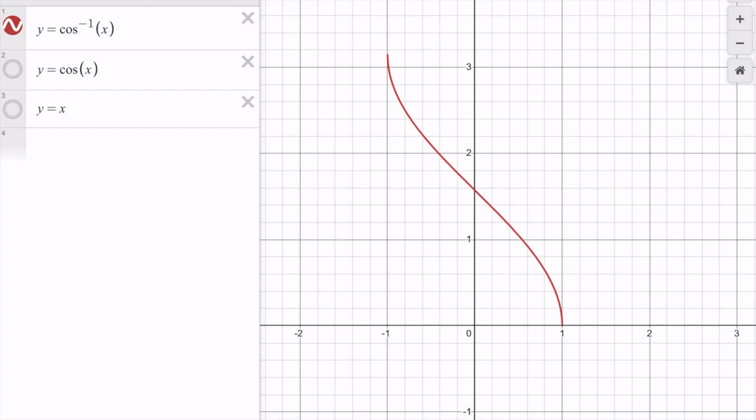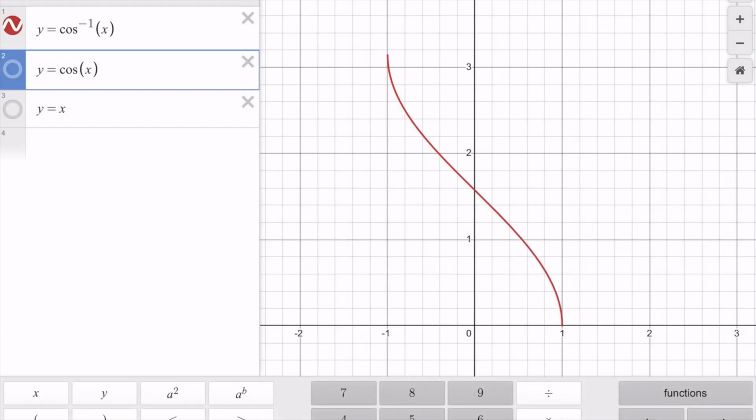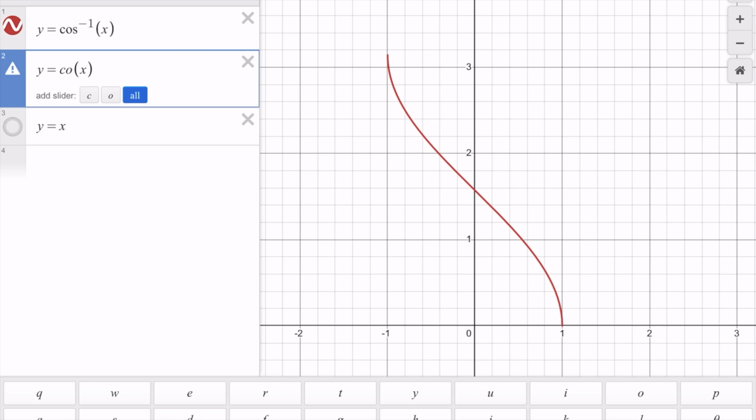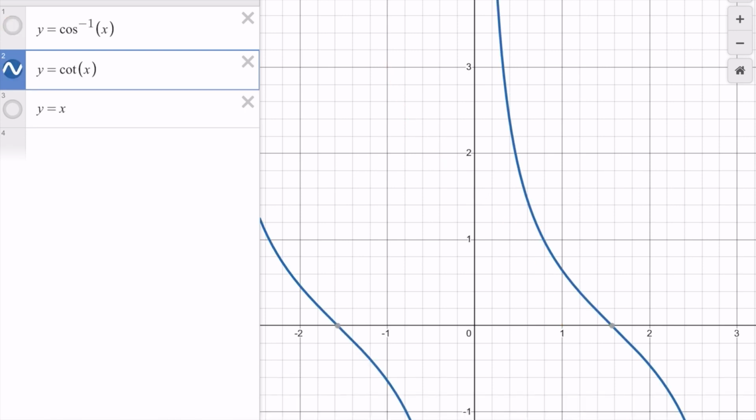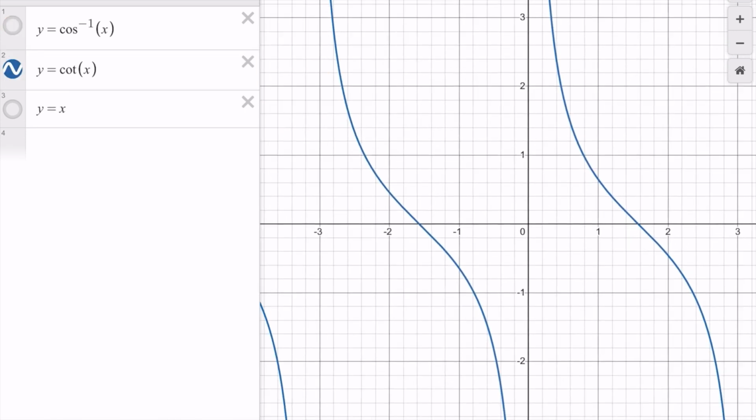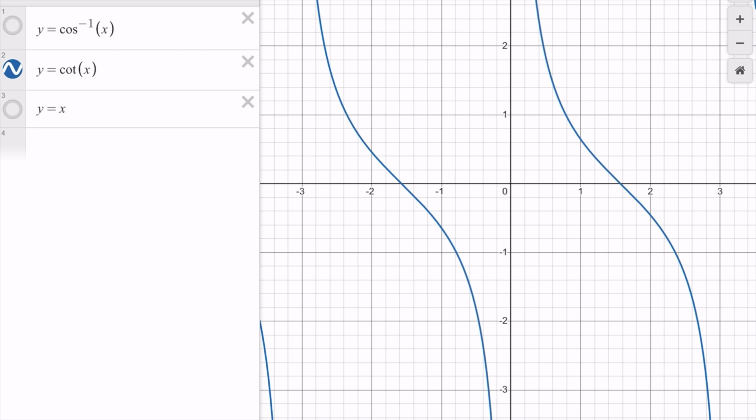Let's just have a look at this. Let's change it to cotan. Hopefully it allows me to do that. Yep, so cotan there. Bearing in mind it's cotan of y, but it doesn't really matter about the variables.